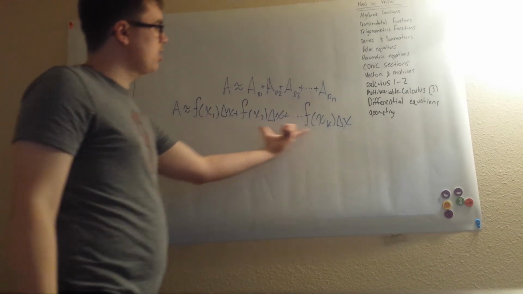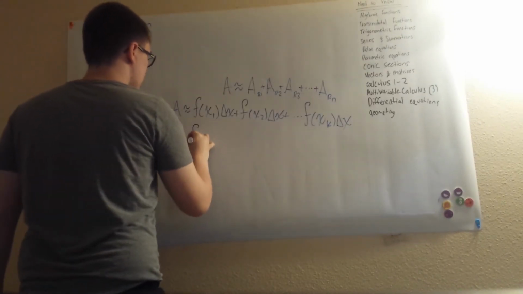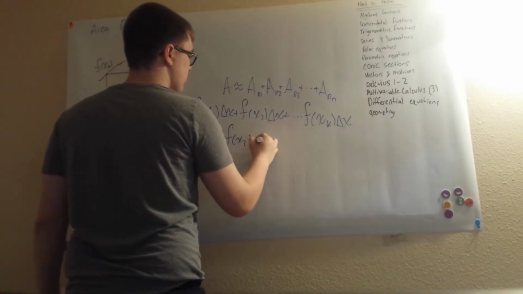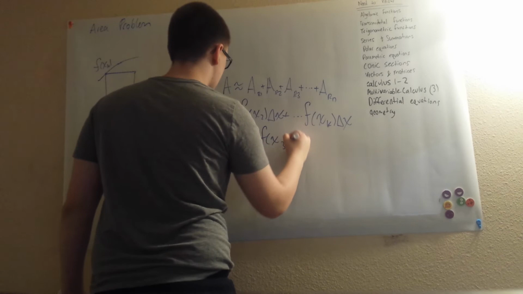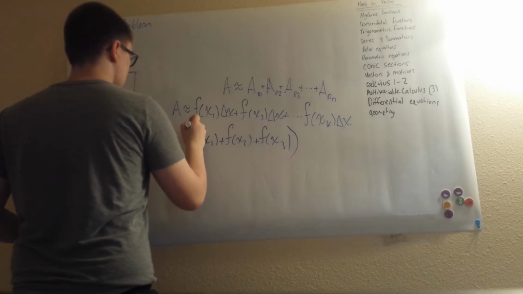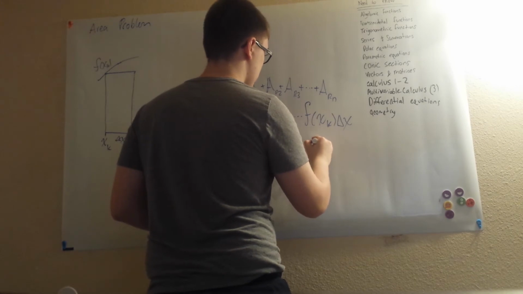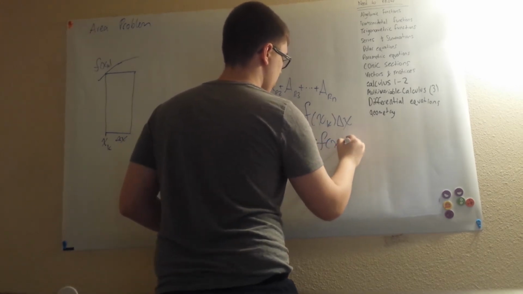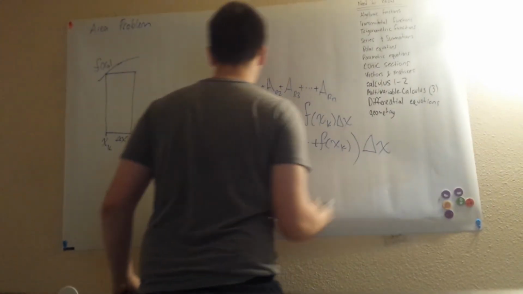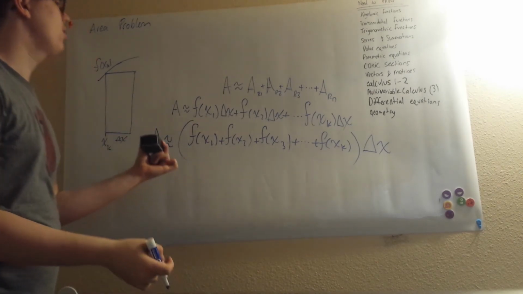And what you can do here is factor out delta x, right? And it would be f of x sub 1 plus f of x sub 2 plus f of x sub 3, all the heights of your rectangles, up to f of x sub k, times the width of the rectangle, and that gives the area approximation.